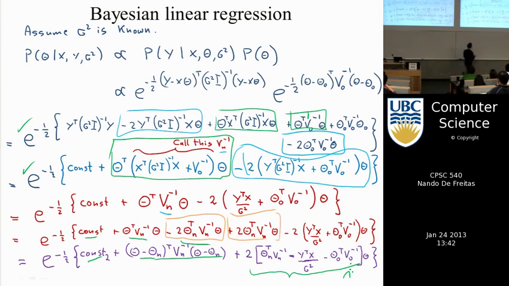If I end up with an expression that says p of theta given x and y and sigma squared is proportional to e to the minus a half theta minus theta n times Vn minus 1 times theta minus theta n, which is the same as saying that it's equal to a constant times e to the minus a half, that whole expression there.